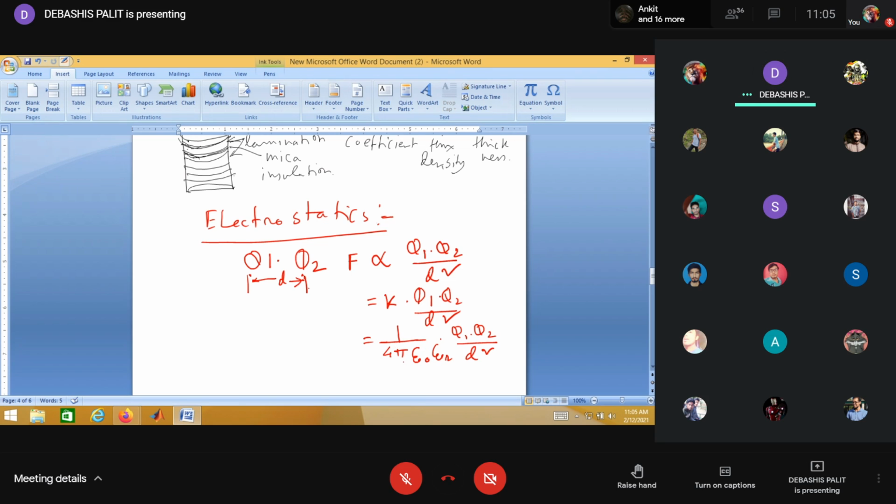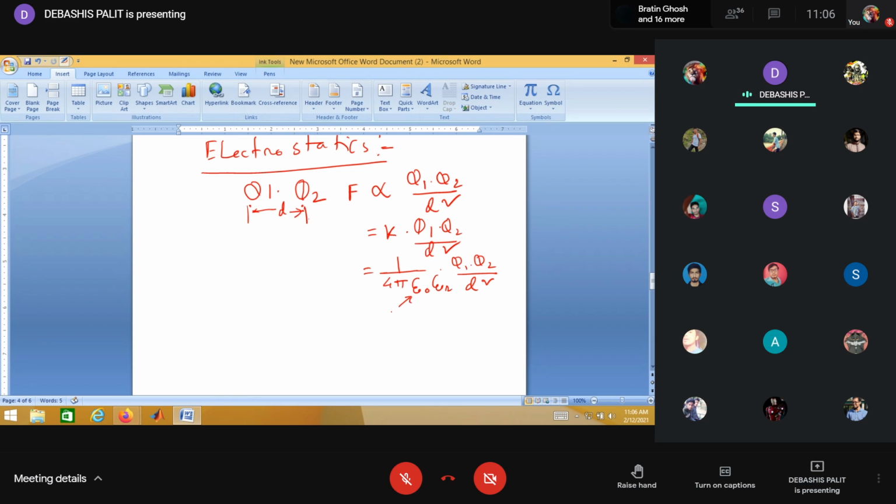Here epsilon 0 is the absolute permittivity of air or vacuum, and epsilon r is the relative permittivity of the material where the charge is.